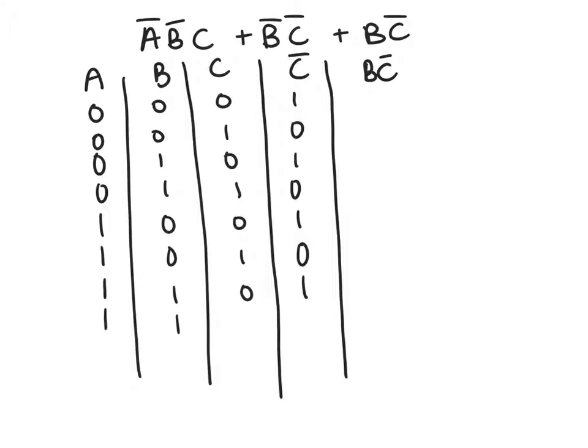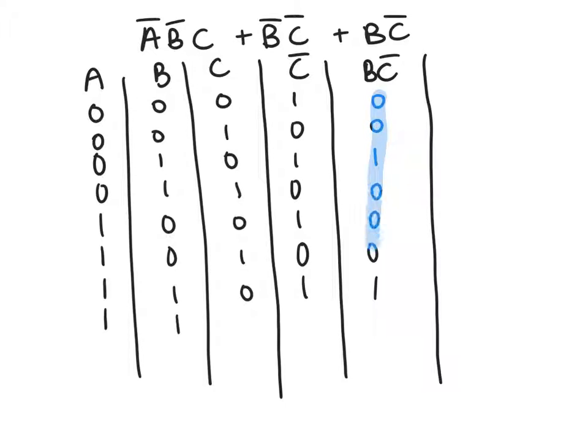Now we're going to see when both B and not C are true. This set of values corresponds to the final term in the expression, which we're going to put together with the first two we solved for to get our final answer.